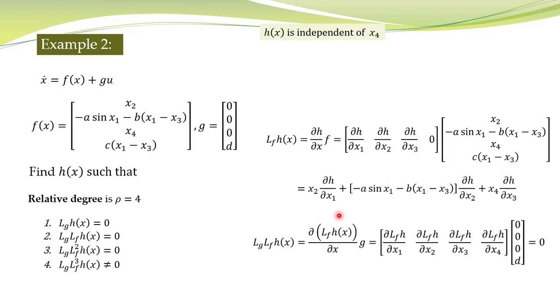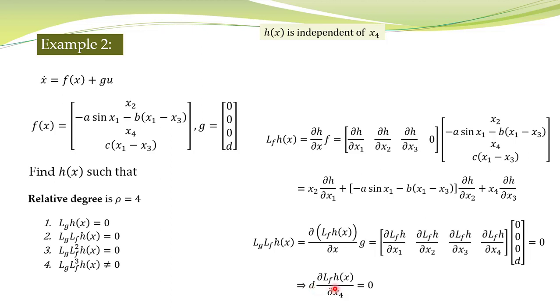And next I compute LG LF h of x, this expression, for which you already know the procedure, that is given over here. This vector over here is vector g, which is written over here. So multiplication of these two vectors results in this expression.